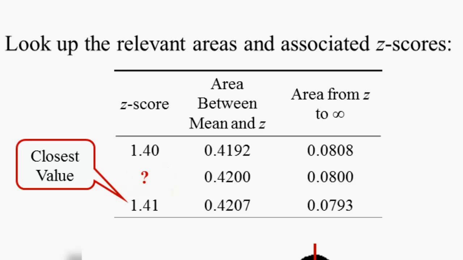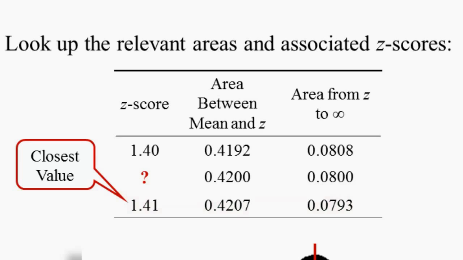Now, this is a little bit of a problem because you can see that 0.42, when you go to your z-table, doesn't exist in the table. I can find 0.4192. I can find 0.4207, the values that are right around 0.42, but I can't find 0.42 itself.